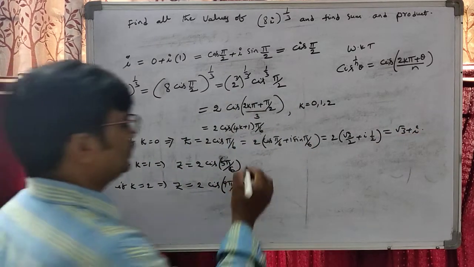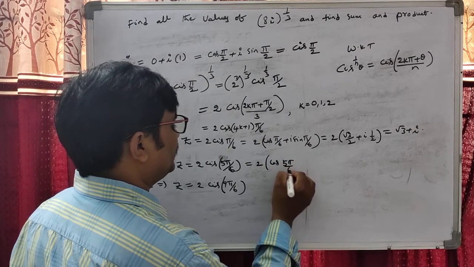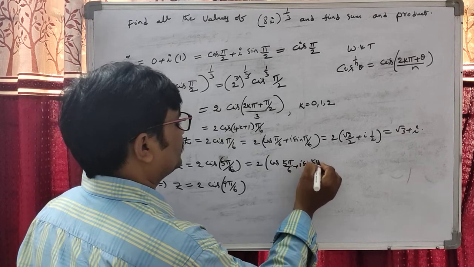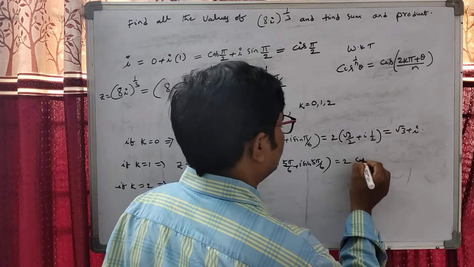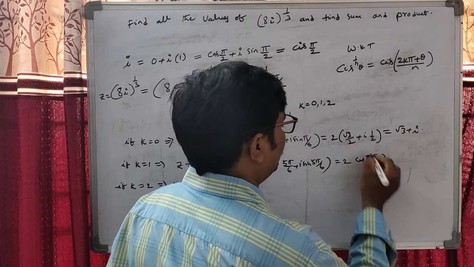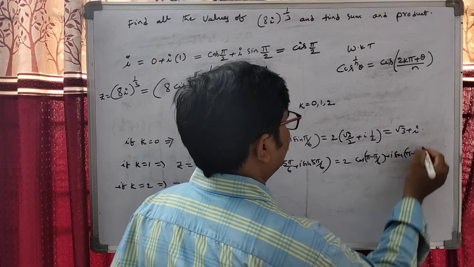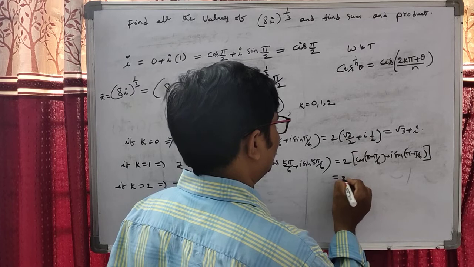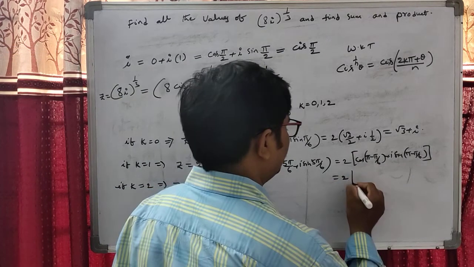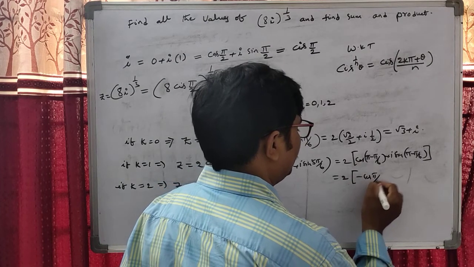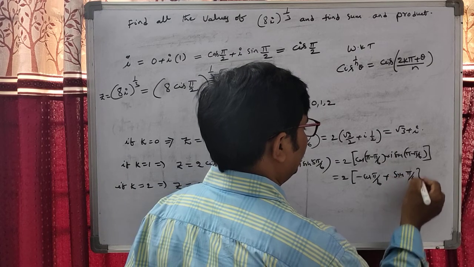My dear students, this is 2 into cos of 5 pi by 6 plus i sin 5 pi by 6. We can write this as cos of pi minus pi by 6 plus i sin of pi minus pi by 6. So students, cos of 180 minus theta is minus cos theta in the second quadrant, and sin of 180 minus theta is sin theta.